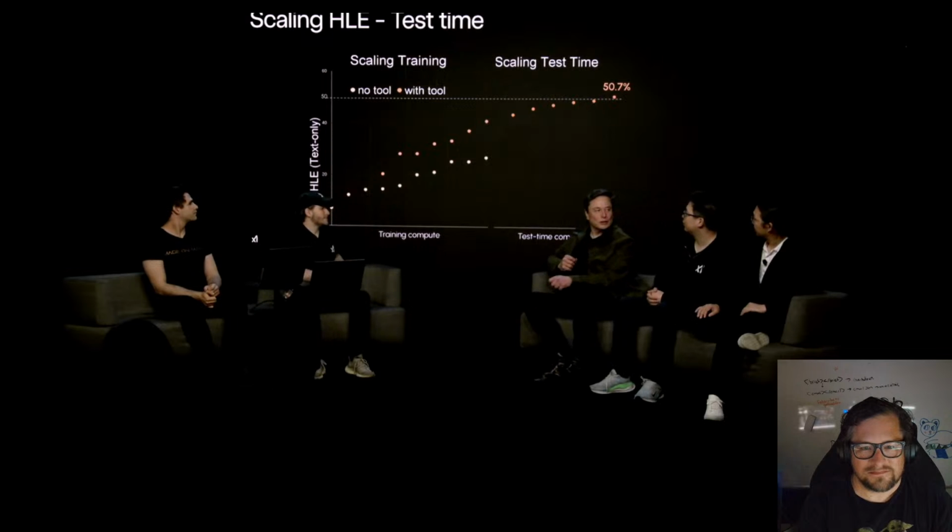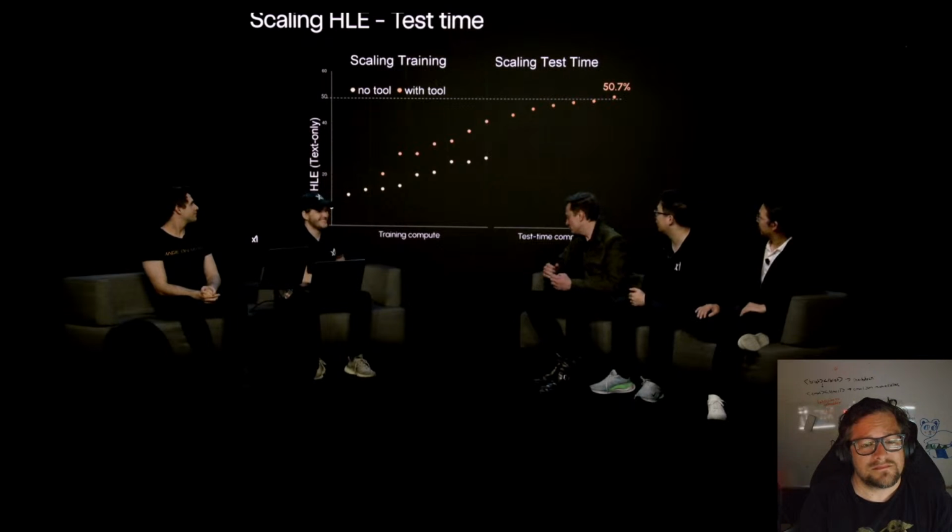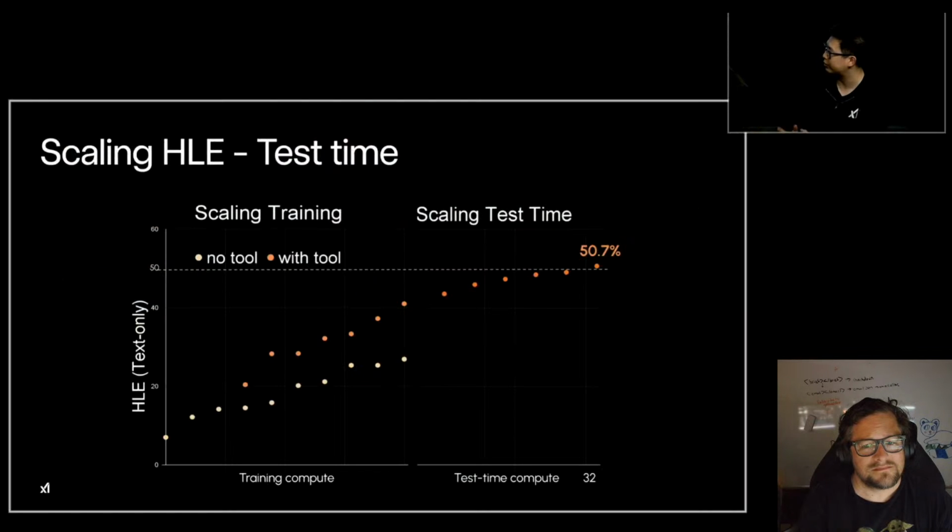We asked the question, how do we even go further? With a single agent, we're able to solve 40% of the problem. What if we have multiple agents running at the same time? This is what's called test-time compute. And as we scale up the test-time compute, we are able to solve more than 50% of the text-only subset of the HLE problems.